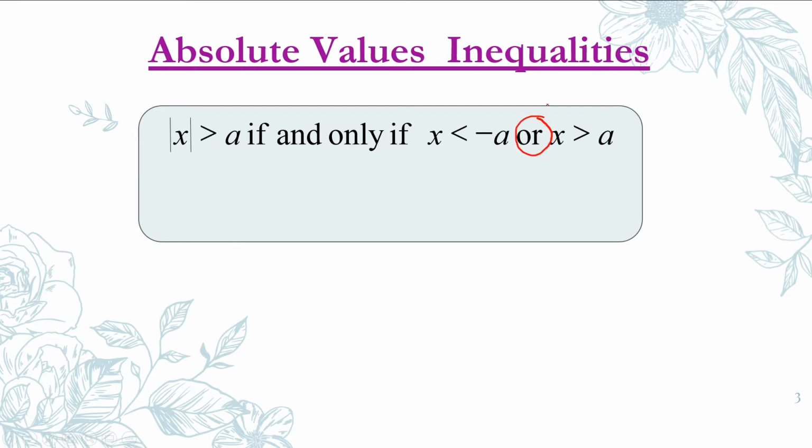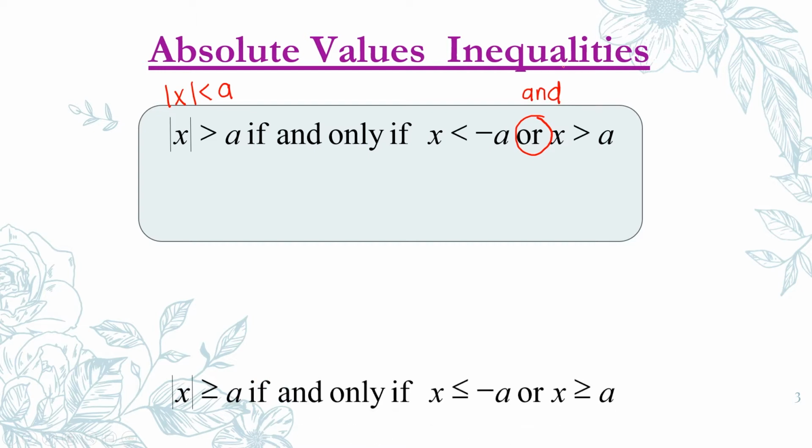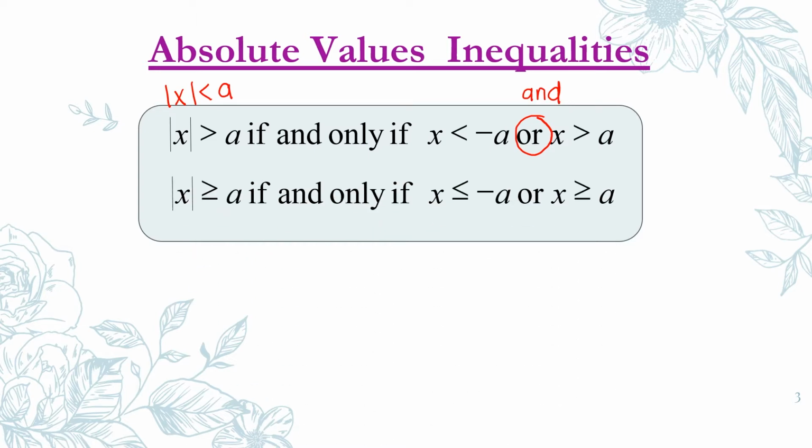In the previous case, if x is less than a, it used the word and here, okay? Alright, same goes for if absolute value of x is greater than or equal to a, it means that x is less than or equal to negative a or x is greater than or equal to a.